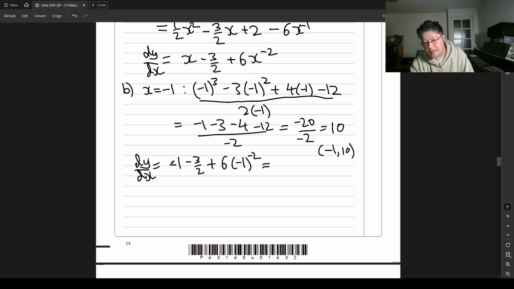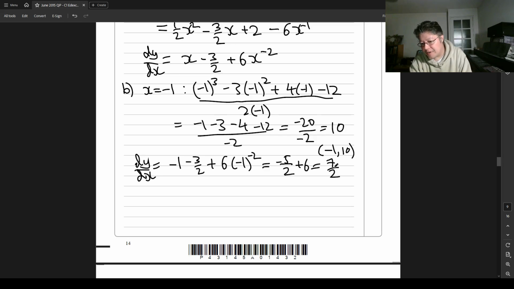So that's minus 1 minus 3 over 2, that's minus 5 over 2. And this is a positive 1, so that's plus 6. So we have 6 minus 5 over 2, I think that's 12 over 2 minus 5, it's 7 over 2.